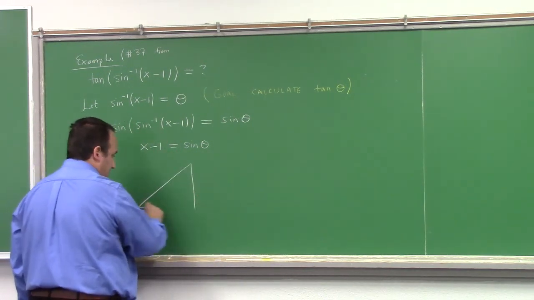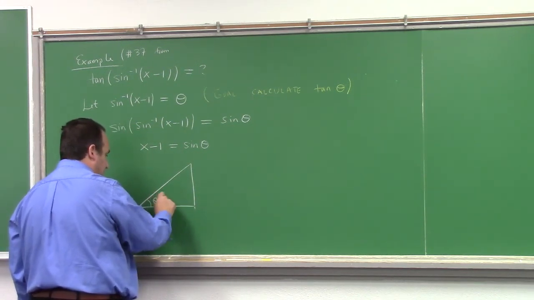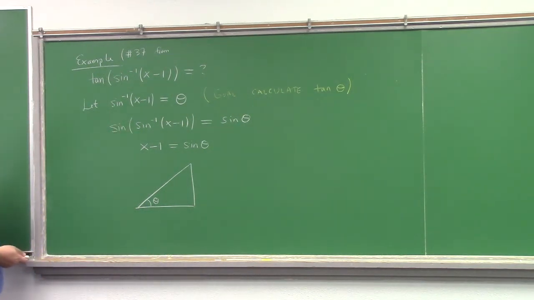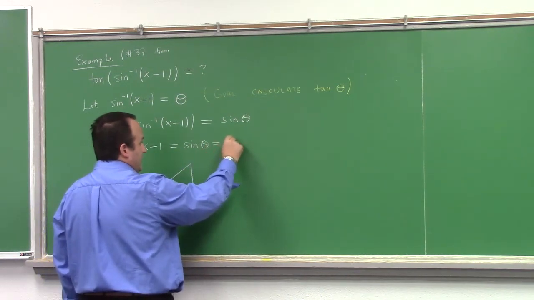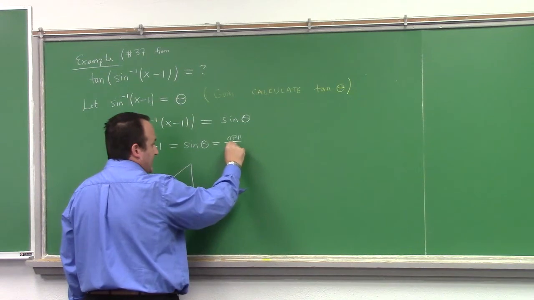And you guys tell me. There's not a unique choice here, you've got different things you could do. But if sine theta is x minus 1, and sine theta is also what? The opposite over the hypotenuse, right? Opposite over hypotenuse is sine.